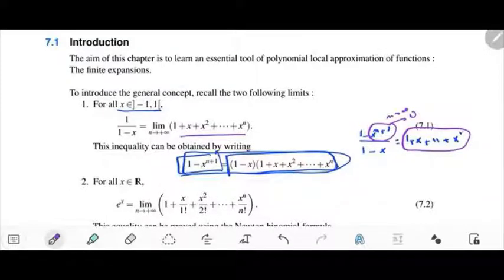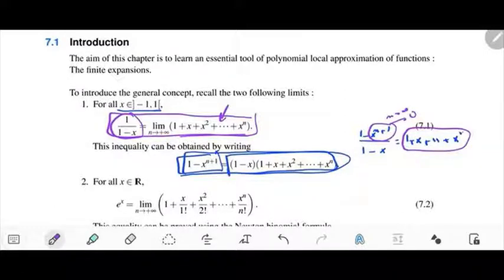Now, if we look at this equation, we can interpret it as a polynomial approximation, because what's in here is a polynomial, and what's in here is a function that is not a polynomial. So on the right side we have a polynomial that's almost equal to the function, but it will be equal to the function when n tends to infinity, which is not something real.